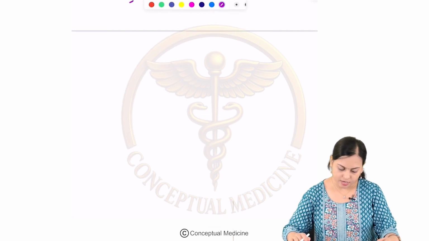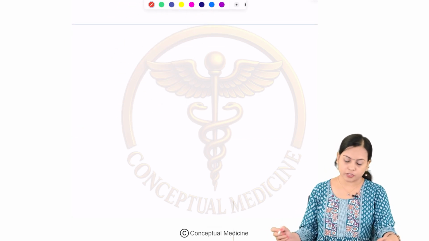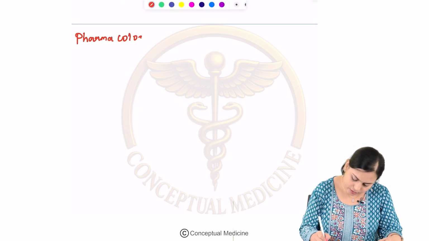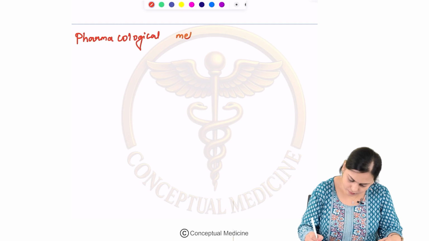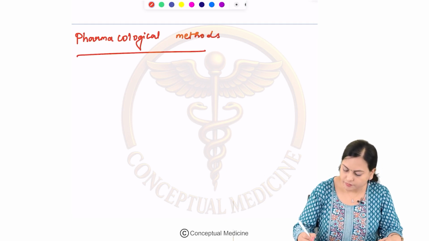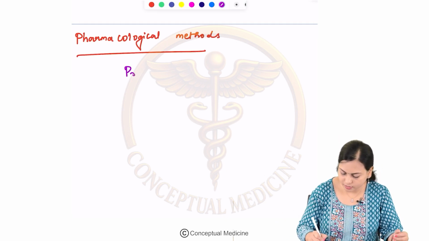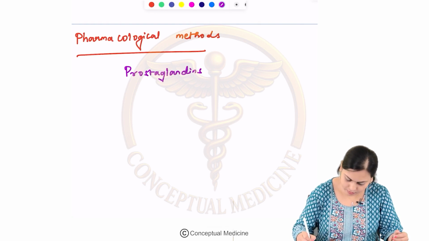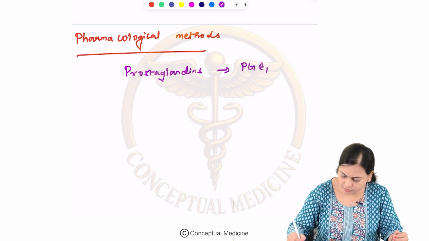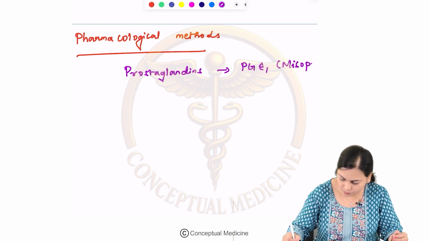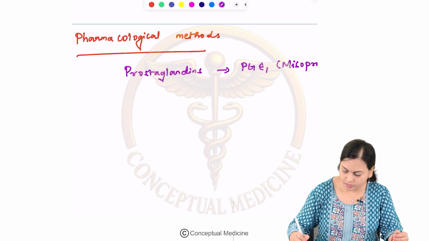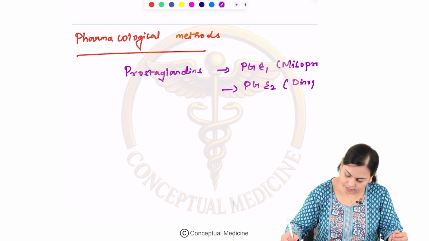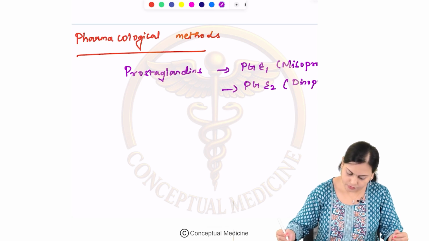Clear? And the next one is pharmacological methods. Pharmacological methods include supplementing prostaglandins. Prostaglandin E1, which is misoprostol, and prostaglandin E2, which is dinoprostone.